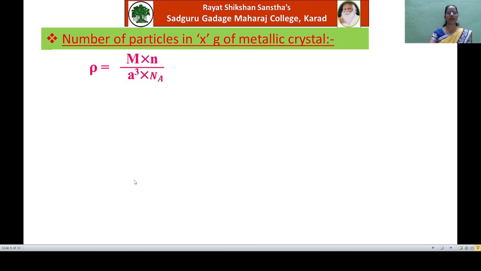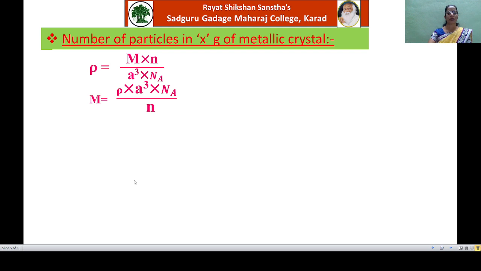We know this relation. With the help of this relation, we can find the molar mass of that metallic crystal by rearranging this equation. So M is equal to rho into a cube into Na divided by N.